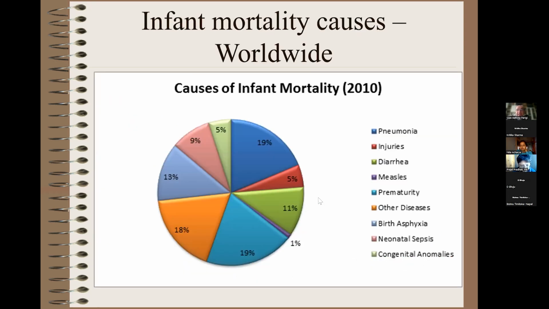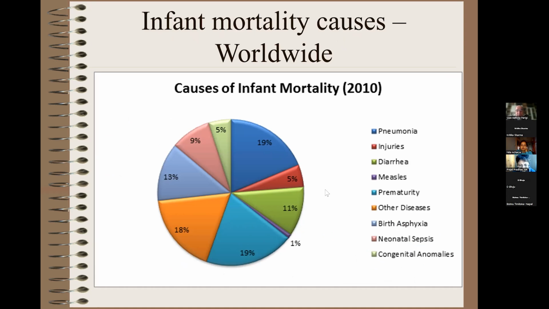Why do these children die? By absolutely trivial causes. As you see in this slide, for example, the most frequent is pneumonia, 19%, or premature babies, but also diarrhea, a very simple diarrhea that is one of the more stupid pathologies in a child.